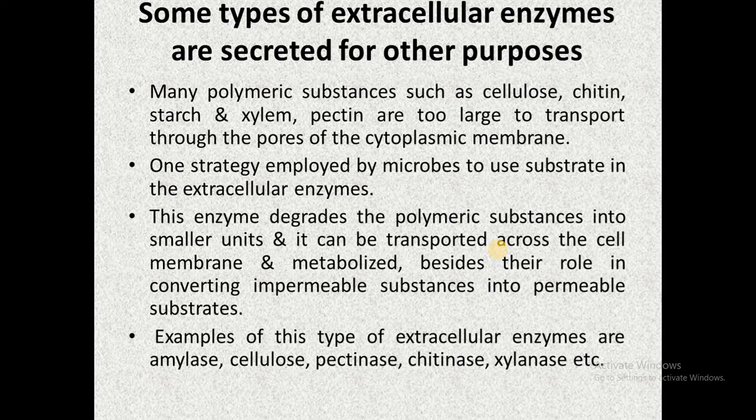One strategy employed by microbes is to use an extracellular enzyme to break the substrate into smaller ones. This enzyme degrades the polymeric substances into small units which can be transported across the cell membrane and metabolized.